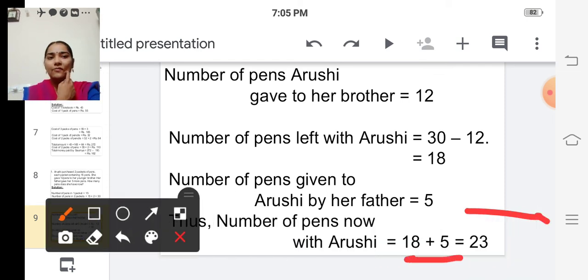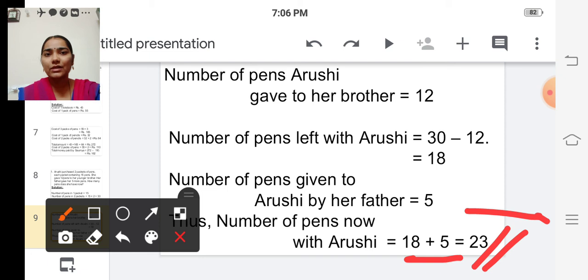After 18 in the mind, 5 on the fingers: 19, 20, 21, 22, 23. She is having 23 pens now.